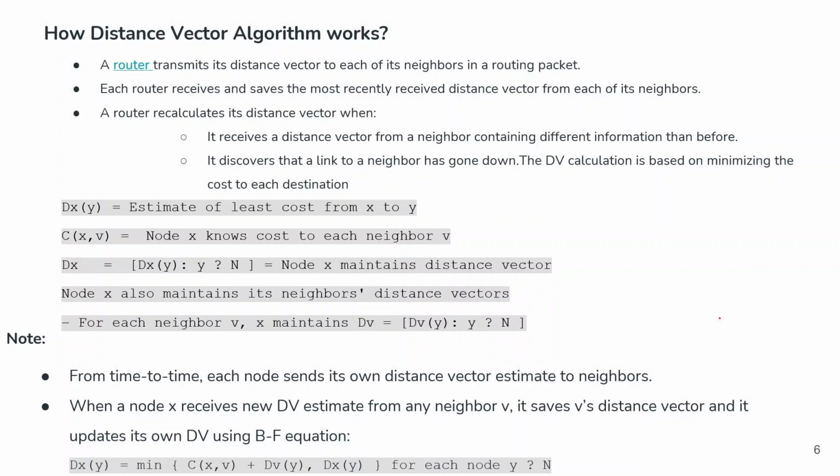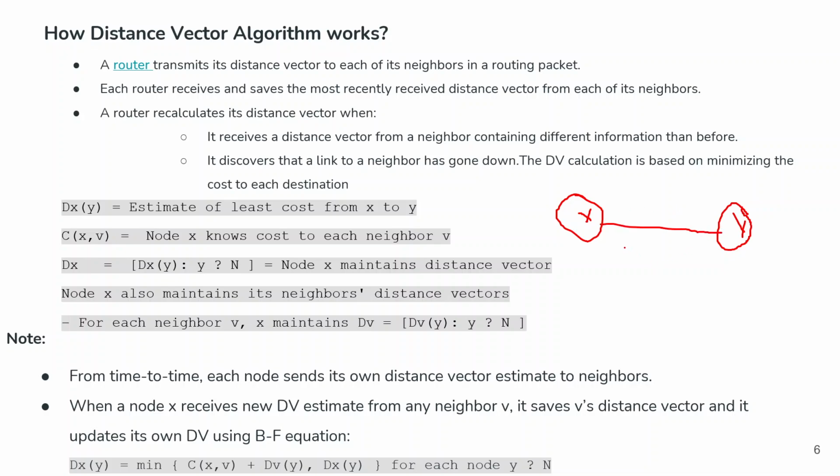So the DV calculation is based on minimizing the cost to each destination. If dx(y) is the estimate of least cost from x to y, it means the shortest distance between x and y.